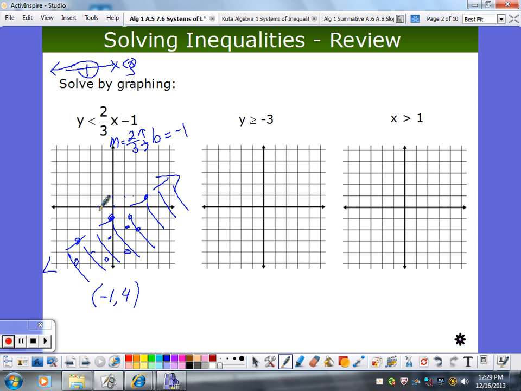Well, how do I know? I go to -1, then 1, 2, 3, what's up here? Is it a solution? No, it's not in the shaded area. How about 5, -3? 1, 2, 3, 4, 5, then down 1, 2, 3. Yes. So if I'm in the shaded part, I am a solution. If I'm not, then I'm not. That's what this is trying to tell me.